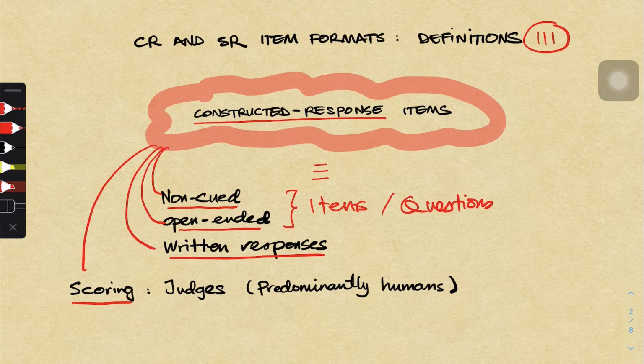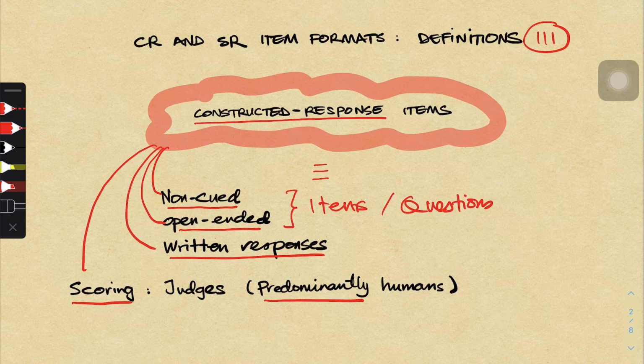Typically or predominantly, they are human beings, usually content experts, the ones who wrote the questions, the one who teaches the course. They will be the ones rating or scoring the performance of the students.